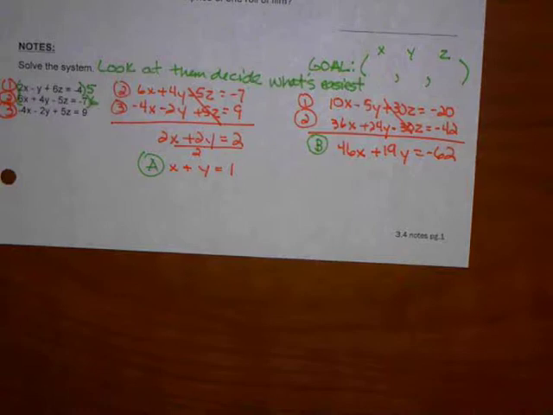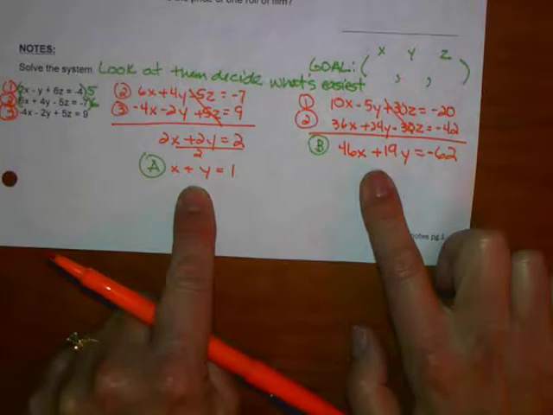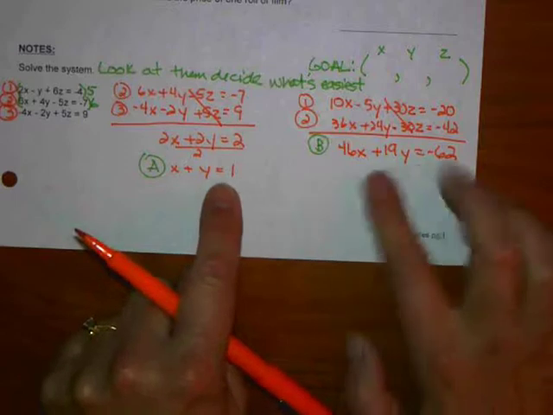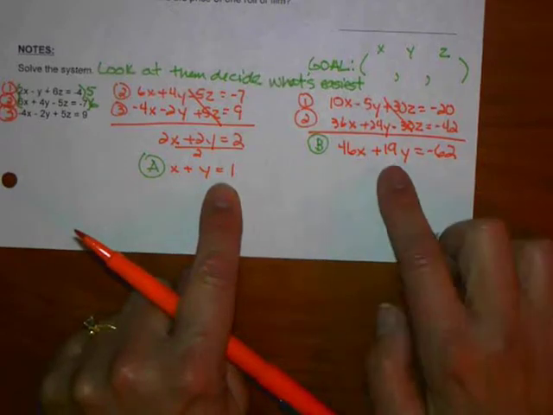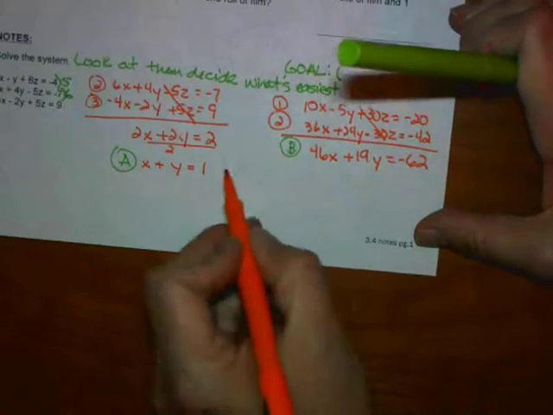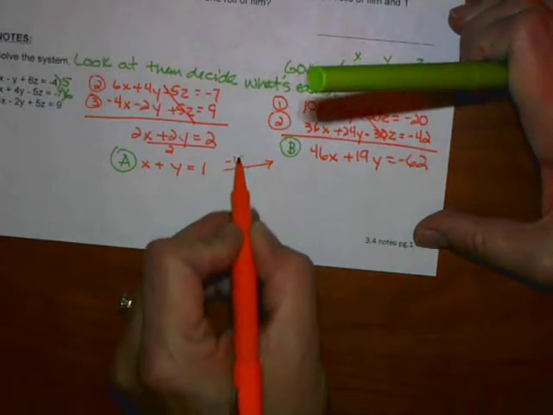Now I have 2 new equations I'm working with, A and B. Okay. These both have x and y in them, correct? Yes. Remember, my goal is to get down to one variable. So this is really easy to multiply by negative 46 or negative 19. It doesn't matter. Okay. So I'm going to multiply this by, let's say, negative 19.